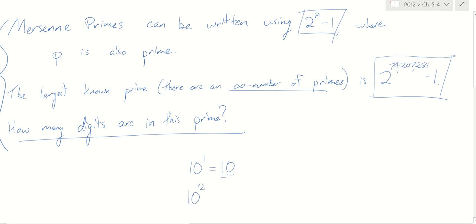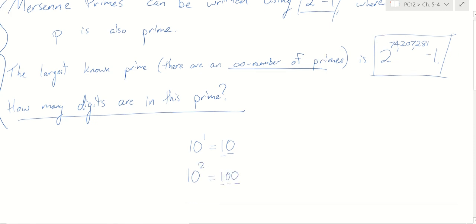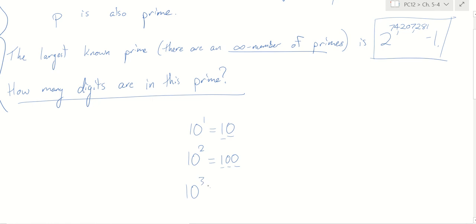If we have 10 to the 2, we get 100, which is 3 digits long. If we have 10 to the 3, we get 1,000, which is 4 digits long. So if we can write this as 10 to the power k or something, then we know that whatever this evaluates to, it'll be k plus 1 digits long.